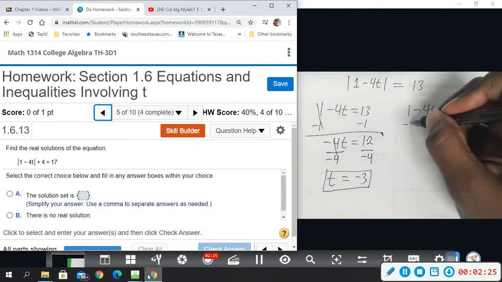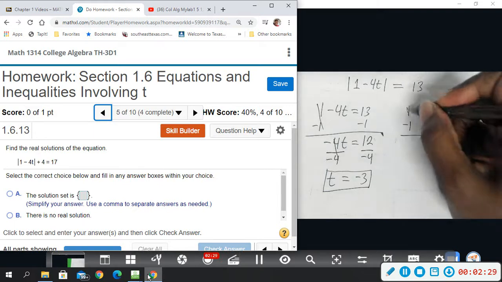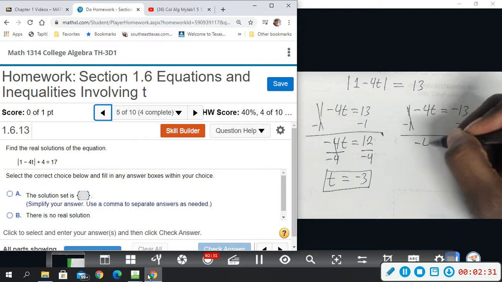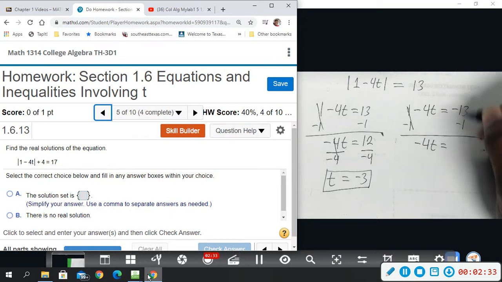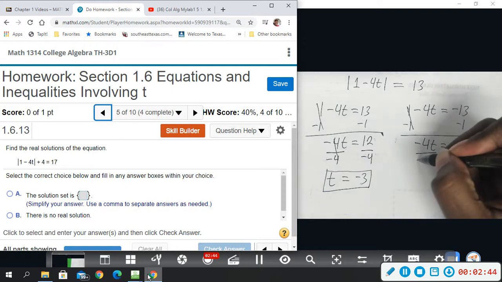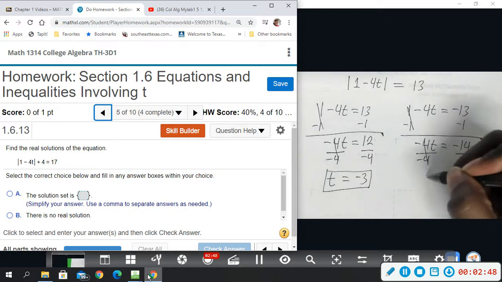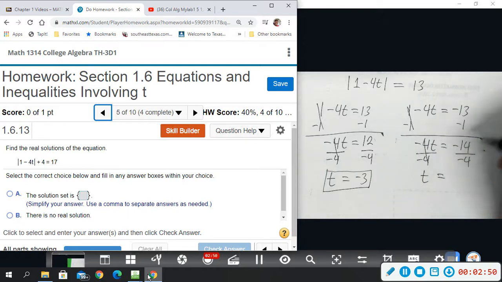And if we subtract 1 from both sides on the other side, bring down the negative 4t, that equals negative 14. Got two negatives. When you're adding, you just get a bigger negative number, or smaller in value. And then we divide by negative 4, and then we get t equals, now negative divided by negative is a positive, so I'm going to simplify right here.